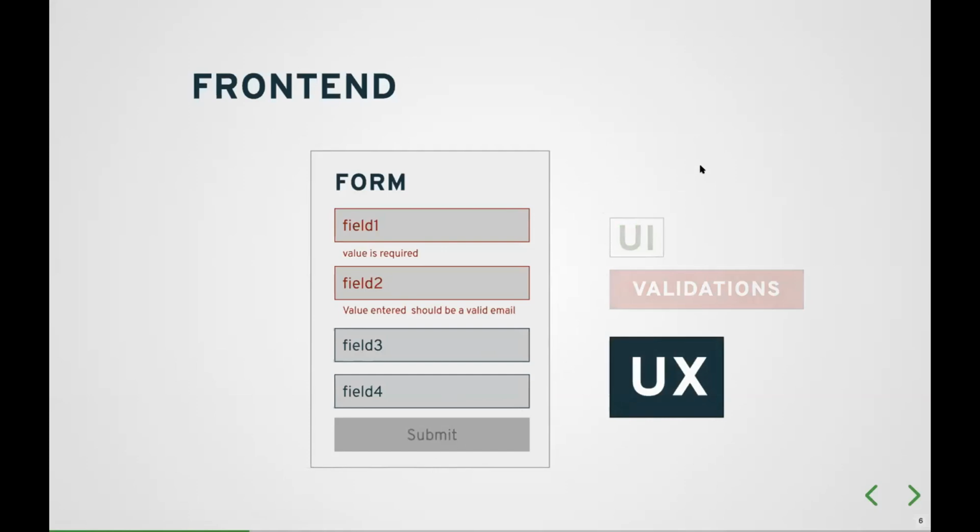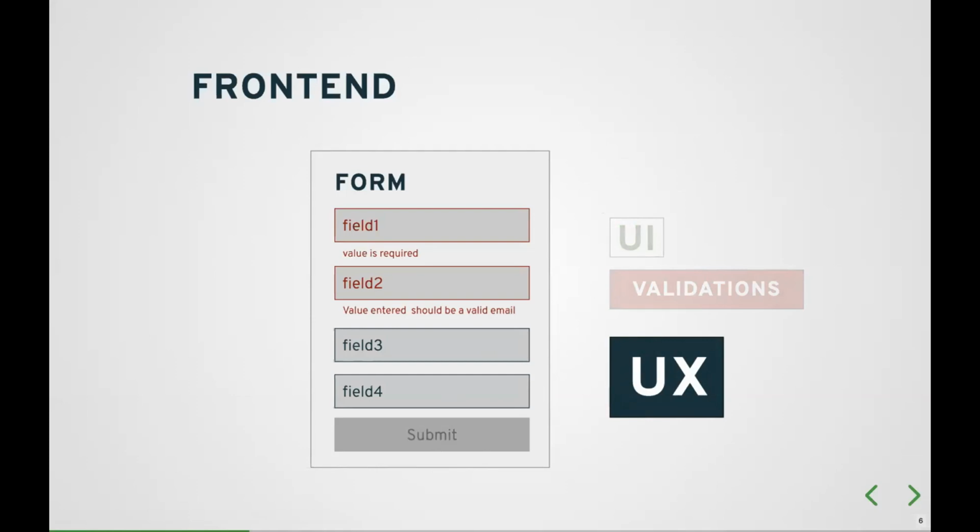User experience is the journey that a user starts when he starts filling the form till the end that he submits the form. The entire user journey should be seamless. That is what user experience makes sure. And to create all these three things in the right way is really hard.